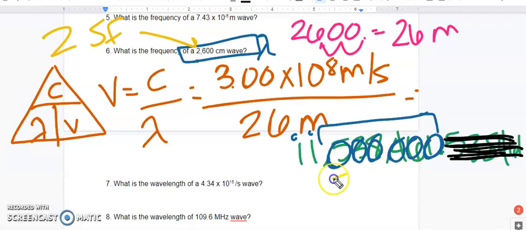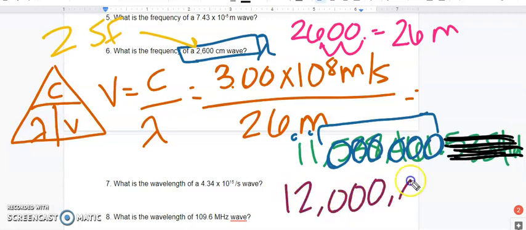Now we need to look at the last number we dropped. It is a 5, and since it is 5 or greater, we know that our 1 needs to bump up. So my answer is going to be 12, and then my 6 zeros. This is totally fine because I'm at my 2 sig figs.